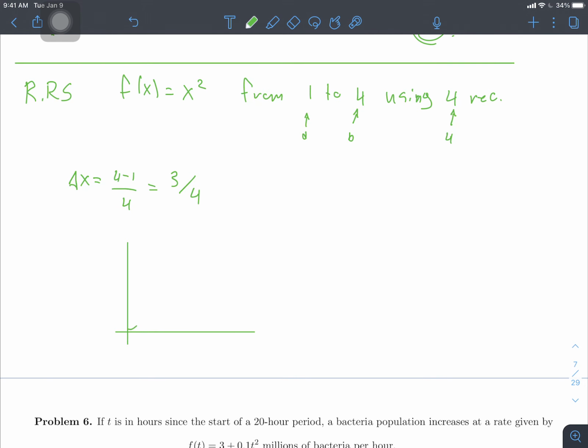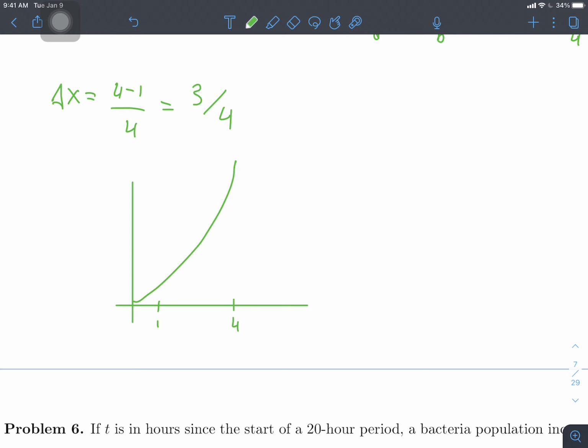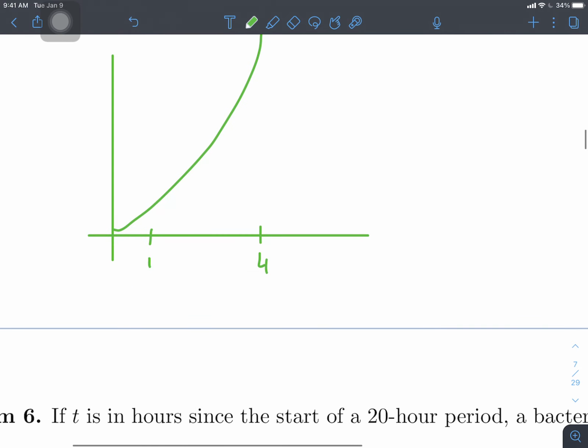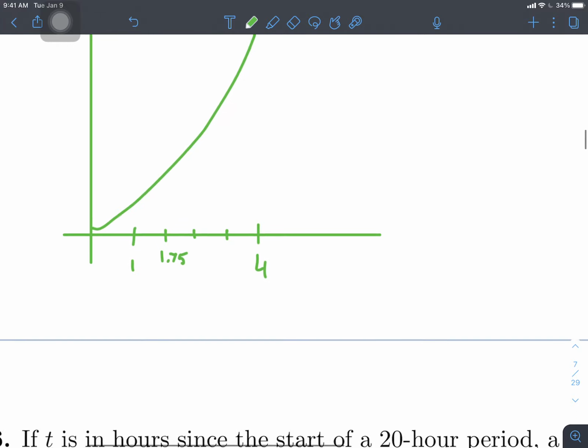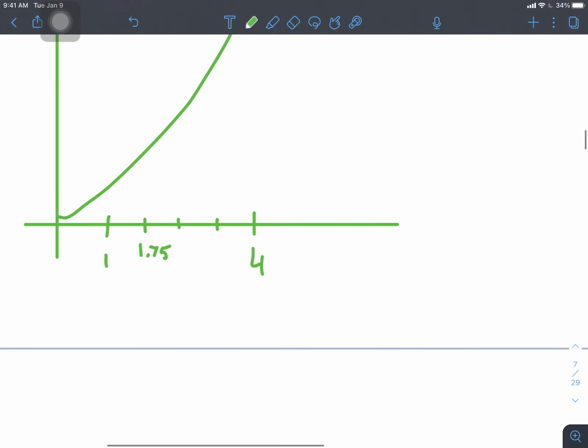First of all, it's going to look different because I'm using 4 rectangles of width 3/4 instead of 3 rectangles of width 1. So the first thing I need to do is go to 1.75. Okay, and then I move over by another 3/4, so I add 0.75.